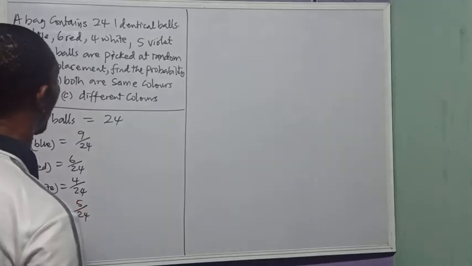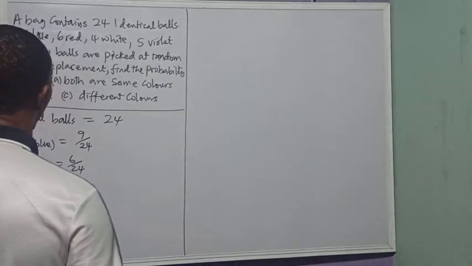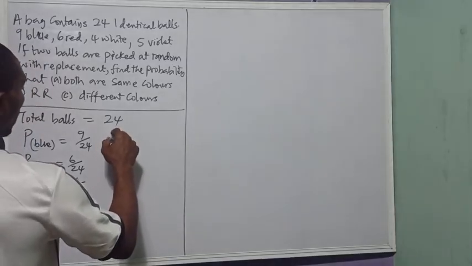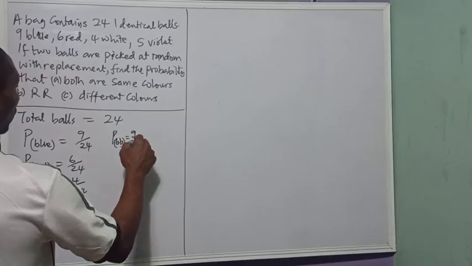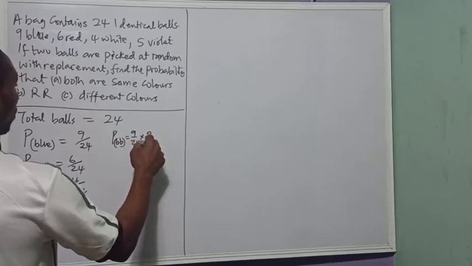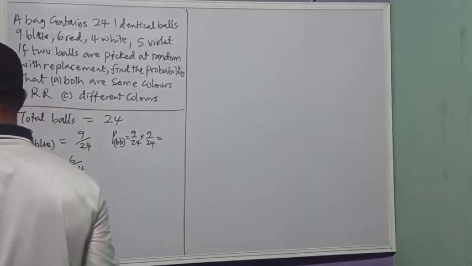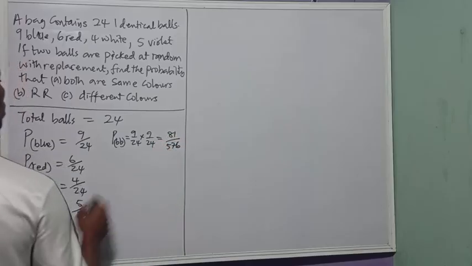Okay, now the probability that both are same colors would be, for blue, picking 2 blues, 9 over 24 times 9 over 24, which gives us 81 over 576.